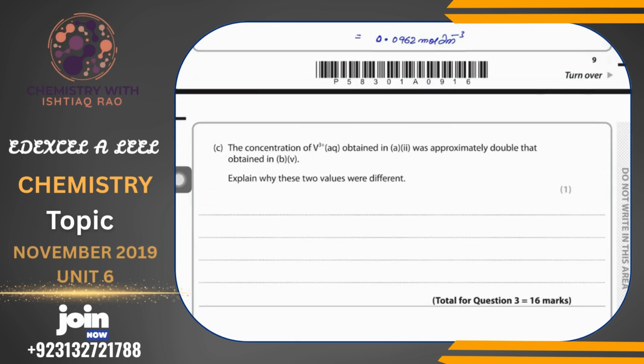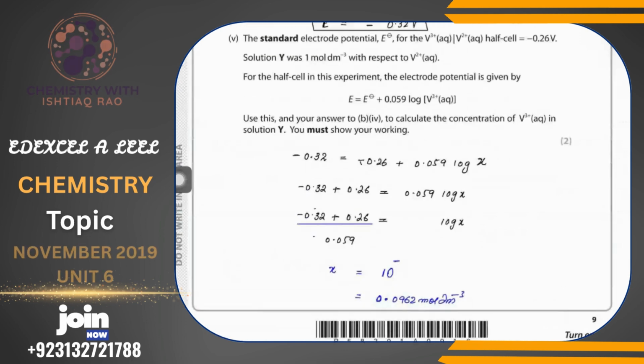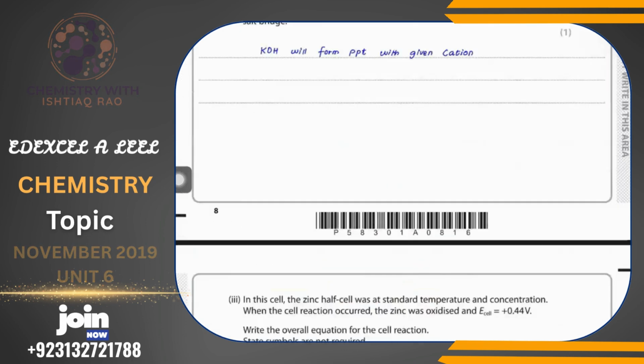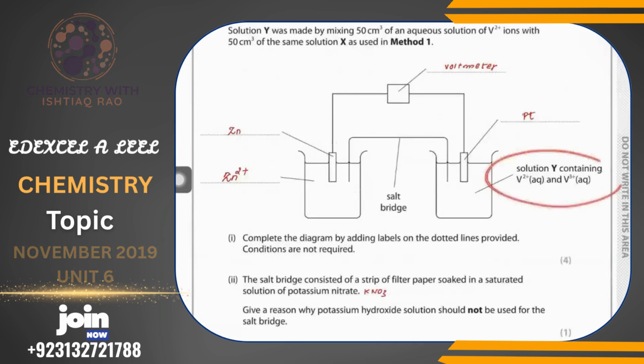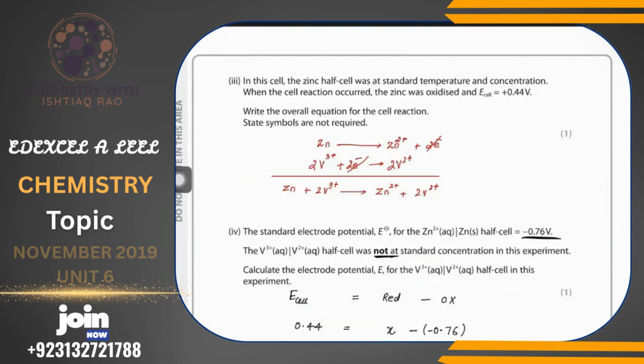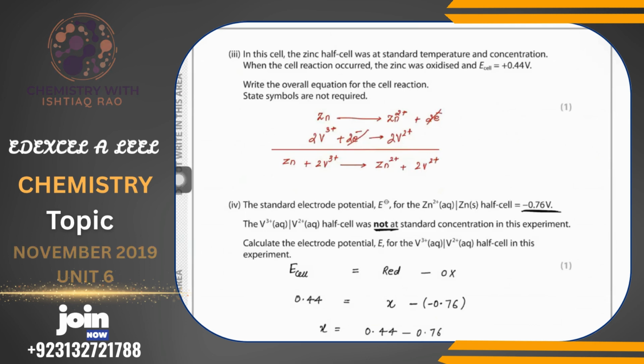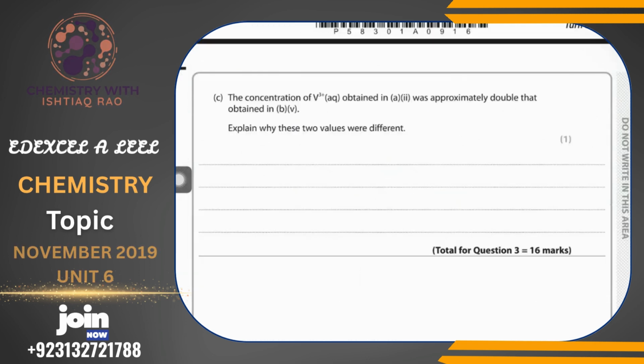It's of 1 mark only. In the previous one, they were adding the mixture of V2 plus and V3 plus. Since we have the same volume of V2 plus and the same volume of V3 plus, the volume will be doubled. When the volume is doubled, the concentration becomes lower. That's why we are getting the lower answer.